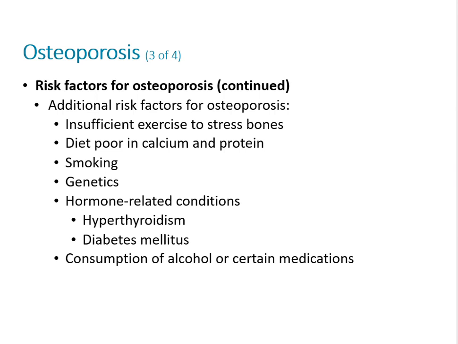But there are, of course, other risk factors for osteoporosis. You've had insufficient exercise, you haven't stressed your bone throughout your life, you've consistently had a diet poor in calcium and protein, smoking, genetics, and even hormone-related conditions like hyperthyroidism or diabetes mellitus, or even consumption of alcohol or certain medications. These can all increase your risk for developing osteoporosis.